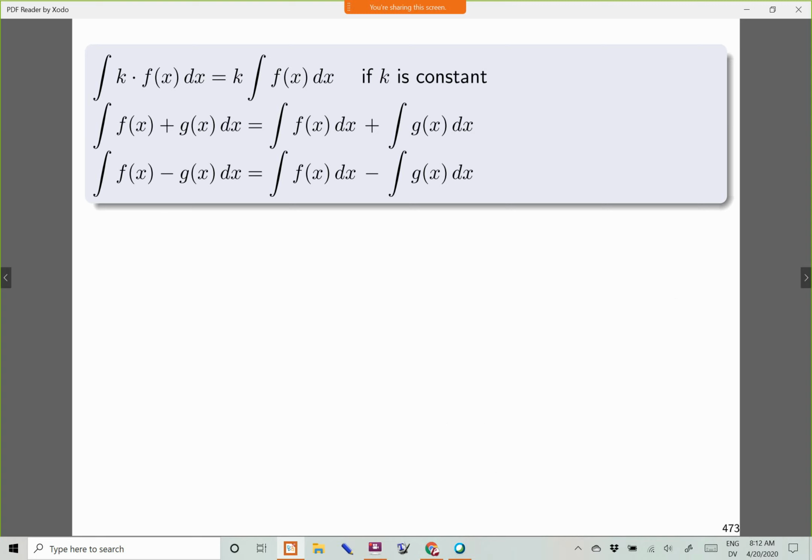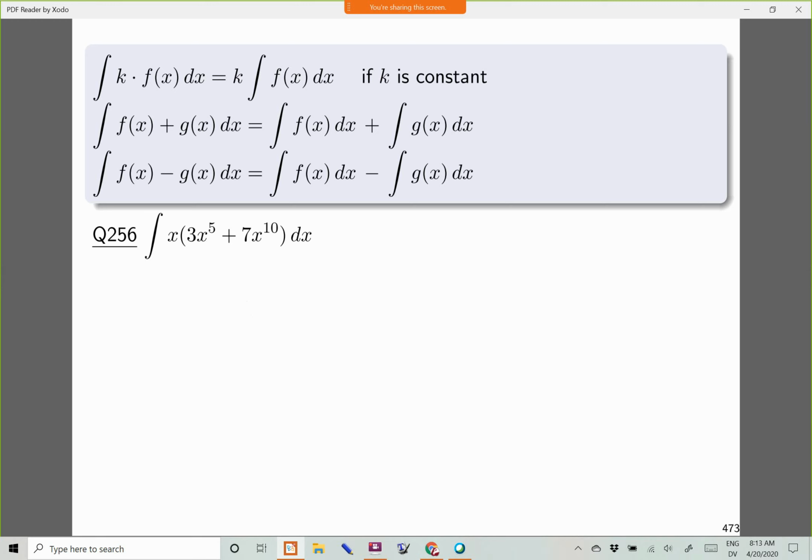So before moving into some practice questions, I have one other group question I'd like to do here. I'd like to look at the antiderivative of x times the quantity 3x to the 5th plus 7x to the 10th dx.